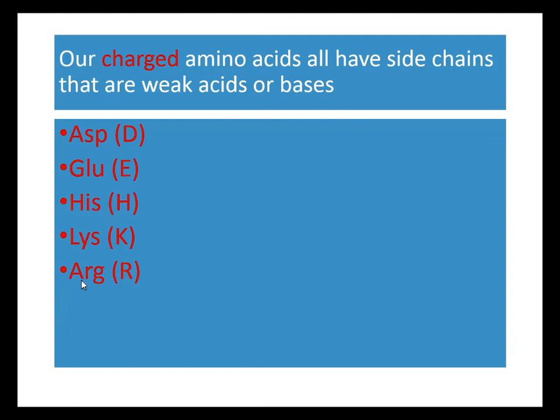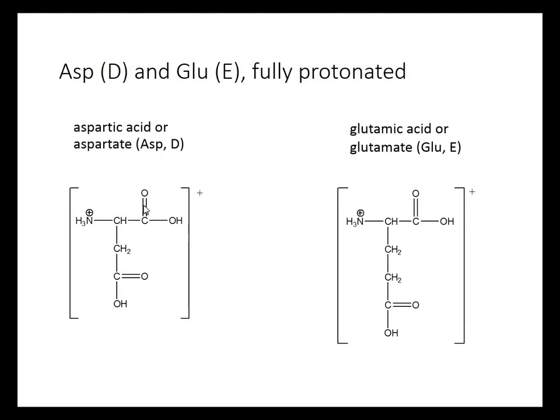So they exist in their conjugate acid forms in the fully protonated state. Here are pictures of Asp and Glu, fully protonated. The ammonium, the carboxylic acid, and the other carboxylic acid in the side chain, all in their conjugate acid forms.